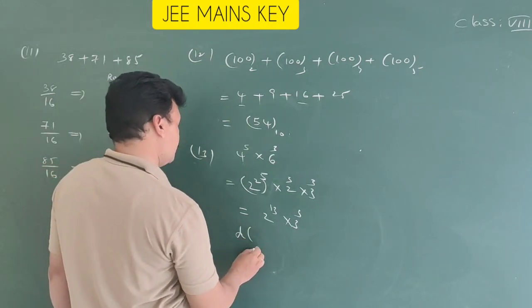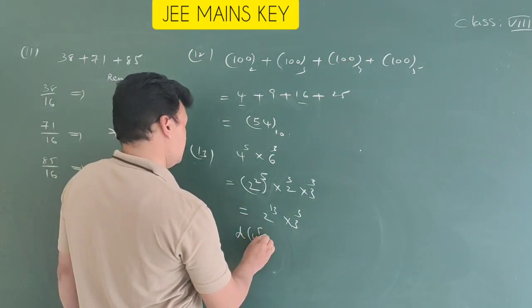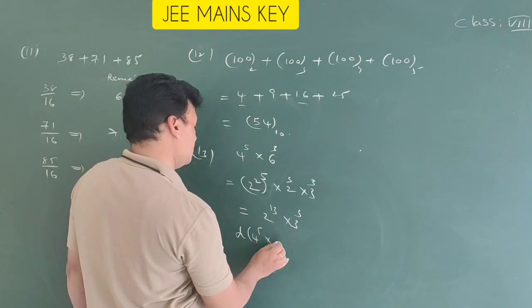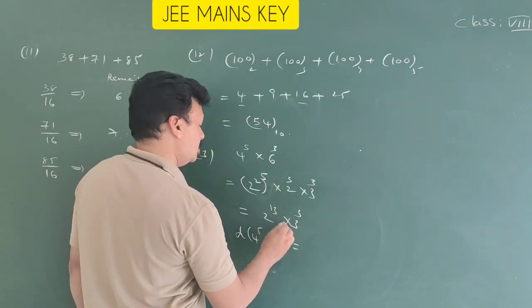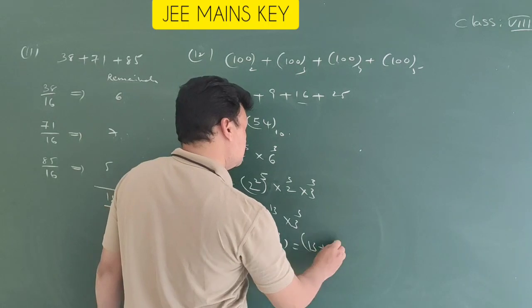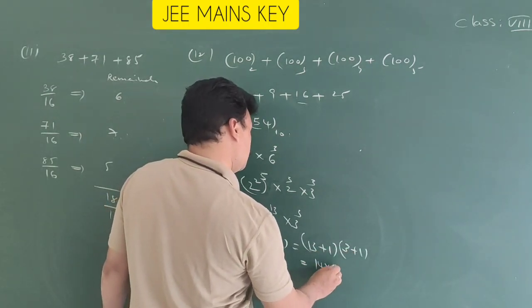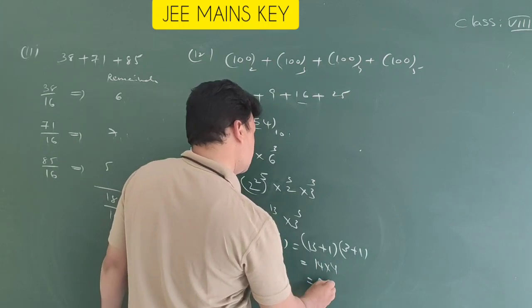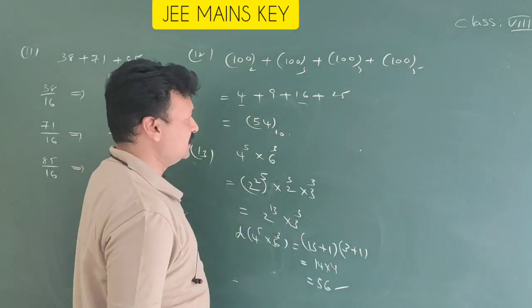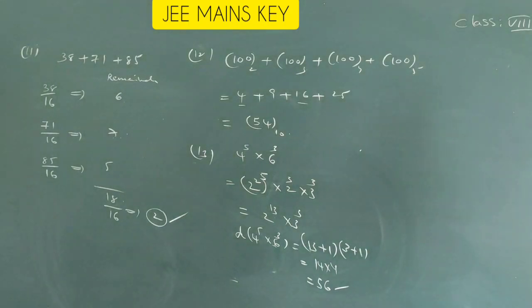Now the number of divisors for 4 power 5 into 6 cube equals (13 plus 1) into (3 plus 1), which is 14 into 4, 56. It has 56 factors. Okay. Next.